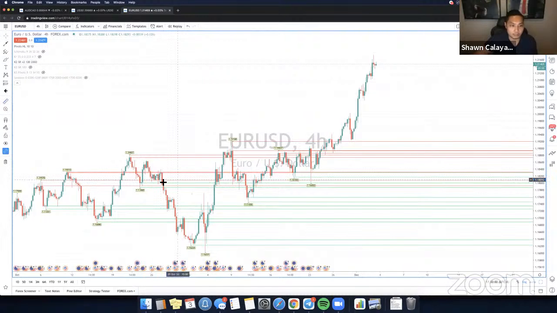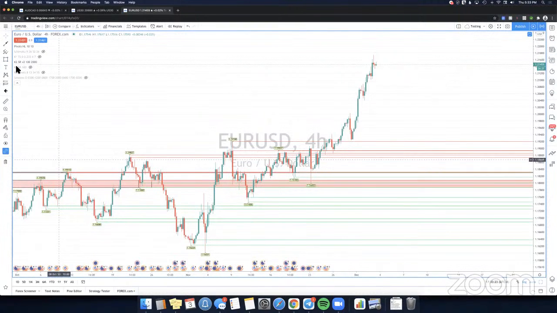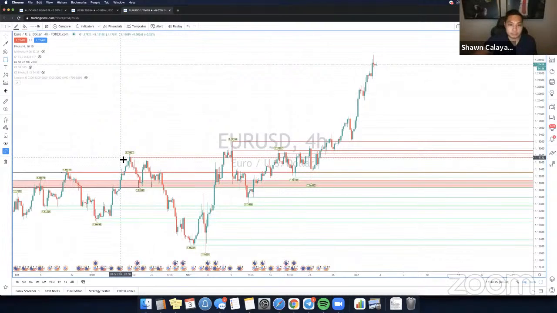So the way that I do it is I just cover the entire zone. I'll go from this green zone to this red zone, and the colors don't really matter, because if it creates a resistance and then it crosses above it, that same resistance turns into a support. So you don't really gotta worry about the colors, but that's pretty much how I draw these right here.